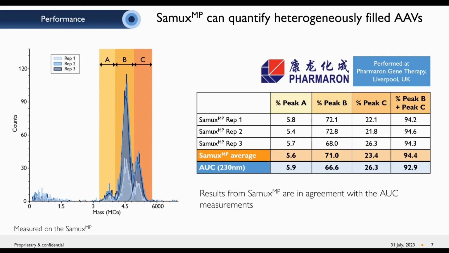Peak A is likely empty capsid, as it corresponds to the known mass of an empty capsid. They analyzed the same sample on the SamuxMP, and as the data in the table shows, the results are in good agreement with AUC. By eye, we can also easily identify the 3 distinct capsid populations in the preparation, showing that yes, mass photometry can look into populations of heterogeneously filled AAVs.